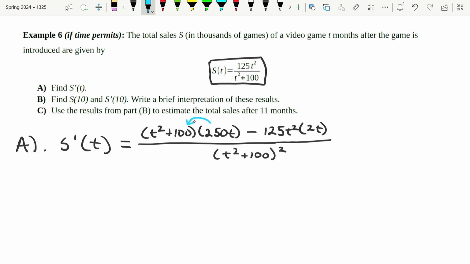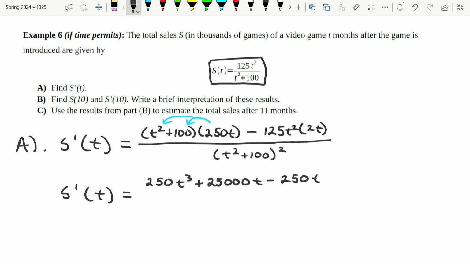And I'll need to simplify that down a little bit here. So s prime of t would be equal to 250t to the third plus 25,000t minus 250t to the third, all over t squared plus 100 in parentheses, all squared.